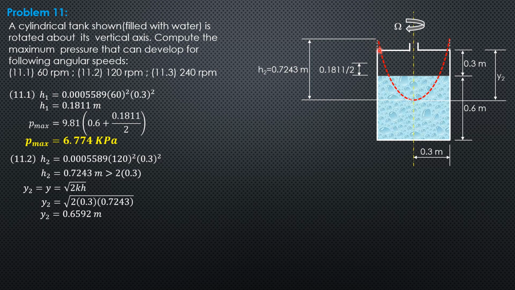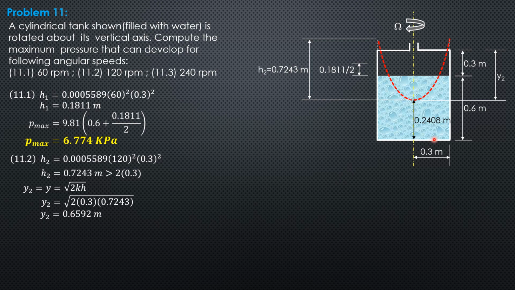Then the second equation would be based on the volume of air inside the parent cylinder, which is pi over 2 r2 square times y2, equal to the original volume pi r square k, so that you can derive this formula.